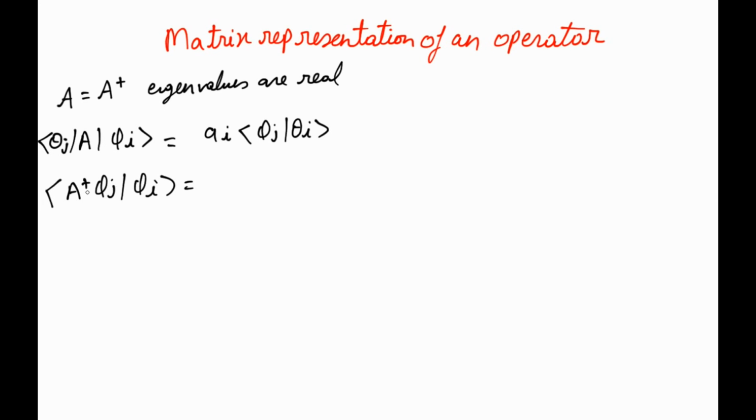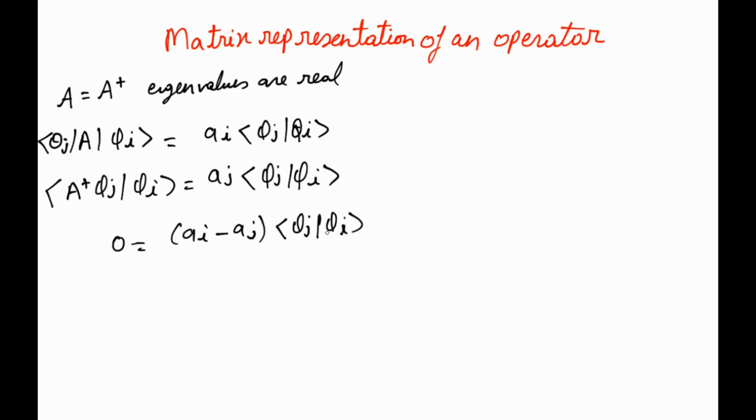Then we know A adjoint is the same as A, and we get a_i. This is not theta, and this is phi. And we subtract these two, we get 0 equals a_i minus a_j, phi j phi i.